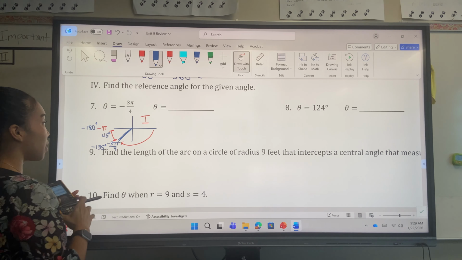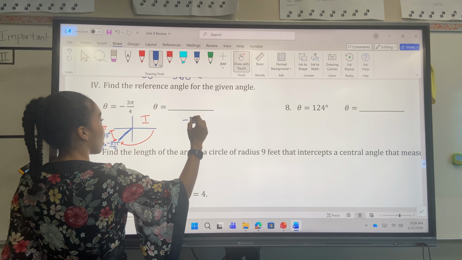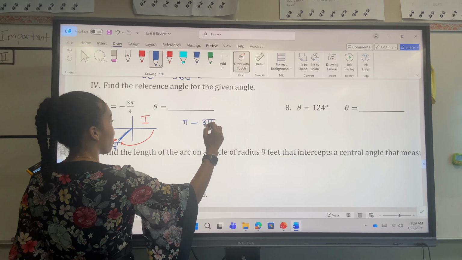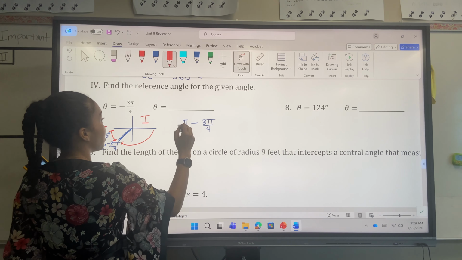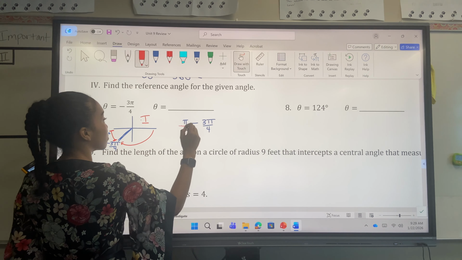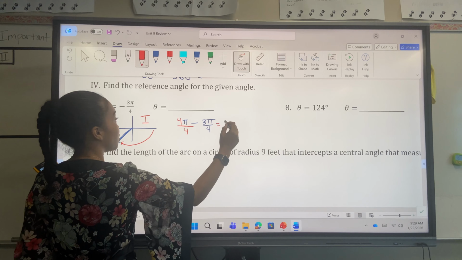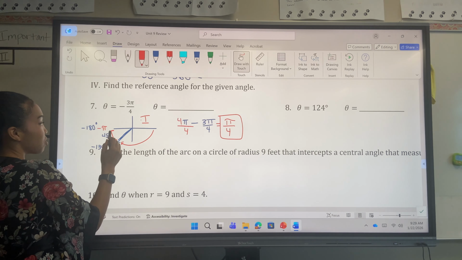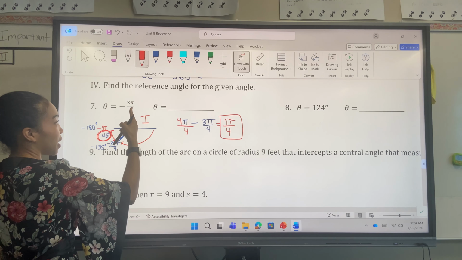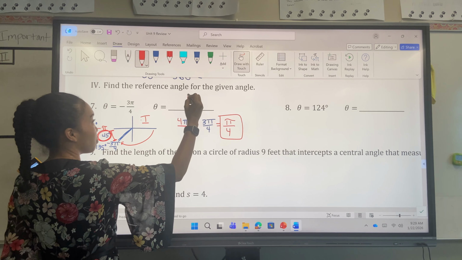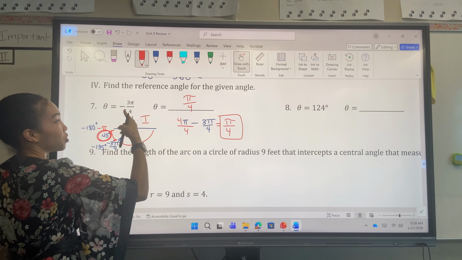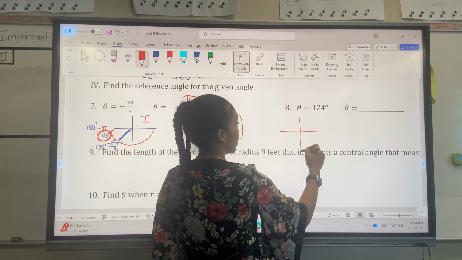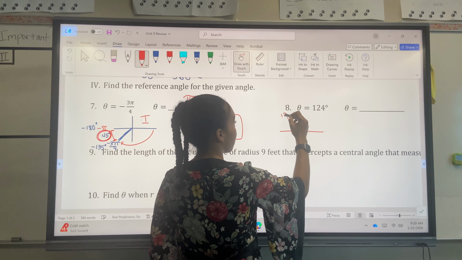However, if you did it in radians, pi minus 3 pi over 4, get the same denominator, and you get pi over 4. Pi over 4 is the same thing as 45 degrees. So since my question was in radians, I'll put my answer in radians.